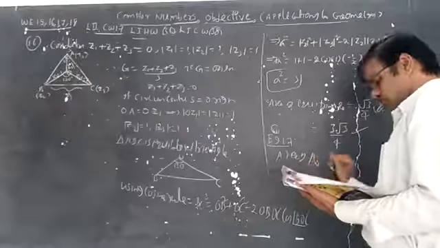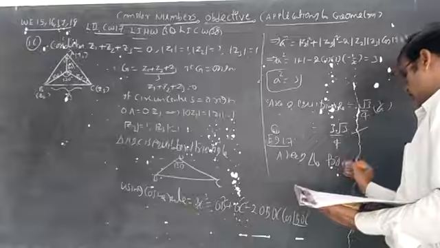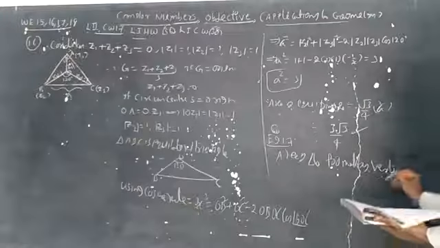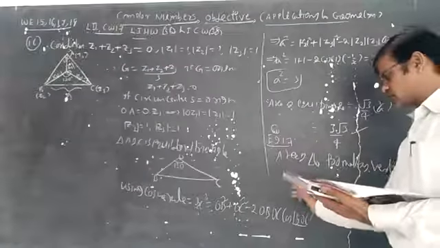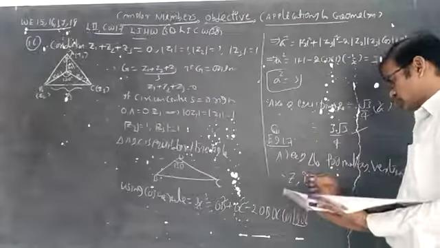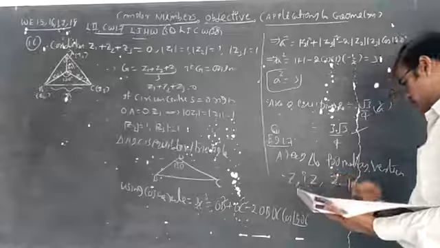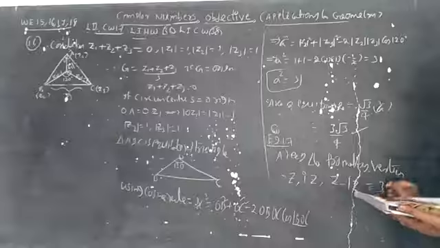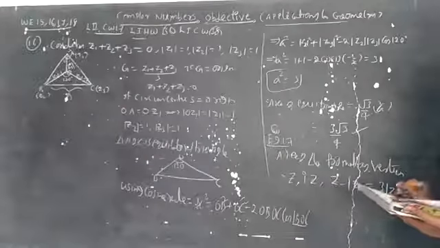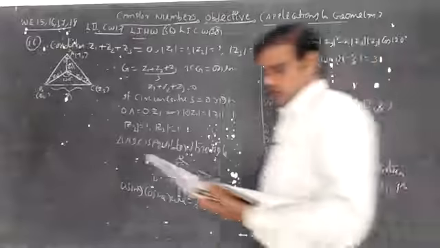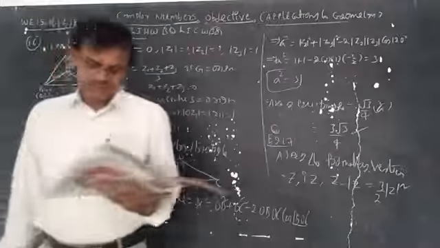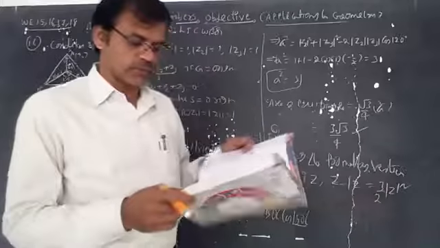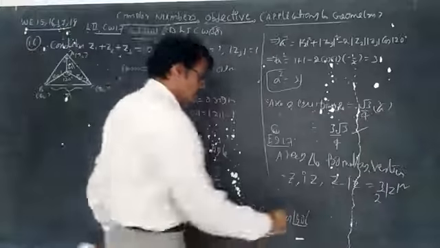The area of the triangle formed by the vertices minus z, iz, z minus iz is 3 by 2 into modulus of z square. So now worked example 17: the area of the triangle formed by minus z, iz, z minus iz is 600 square centimeters. And what is the modulus of z?